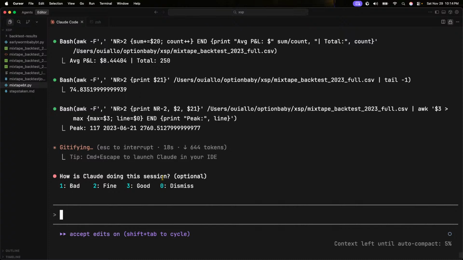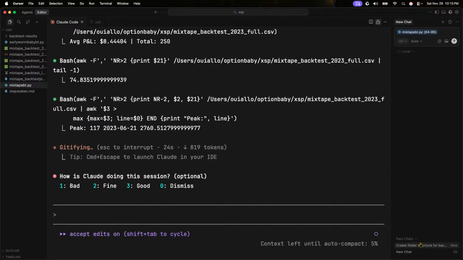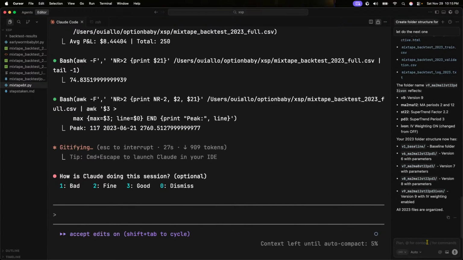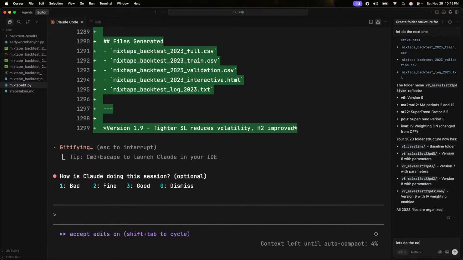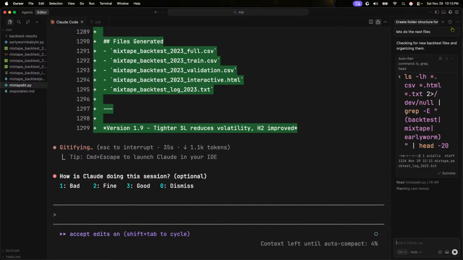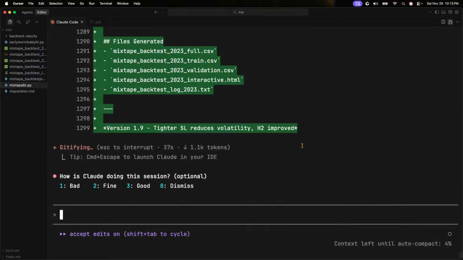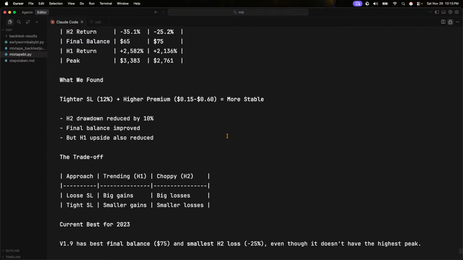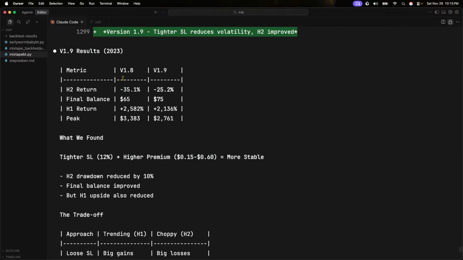It's done with that. Let's go ahead and get this filed away. All right, let's do the next files. Perfect. All right, so let's check this out.